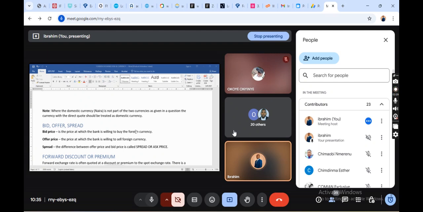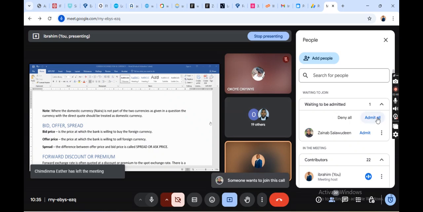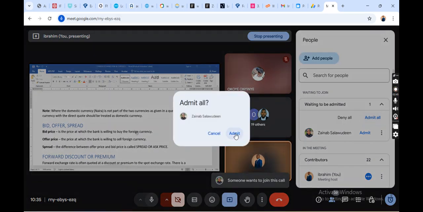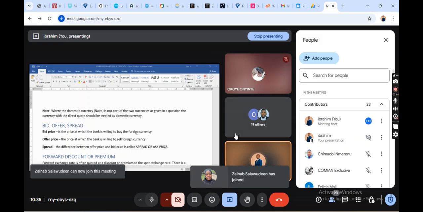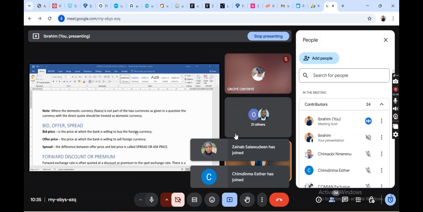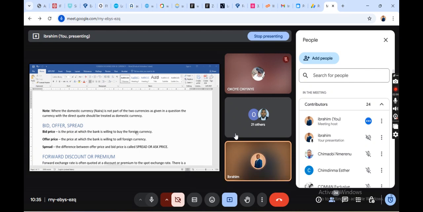So any currency you see from the spot rate, there is no domestic currency, Nigerian currency is not even part of it at all, right? If Nigerian currency is not part of it, the currency with direct quote, the currency you are multiplying with, should be treated as a domestic currency.